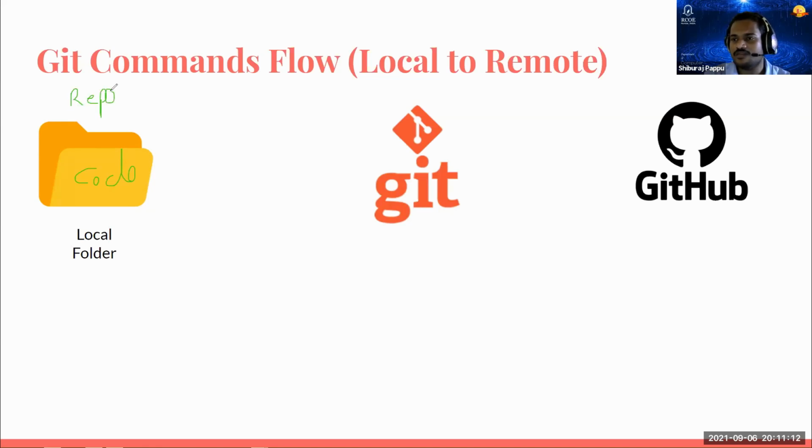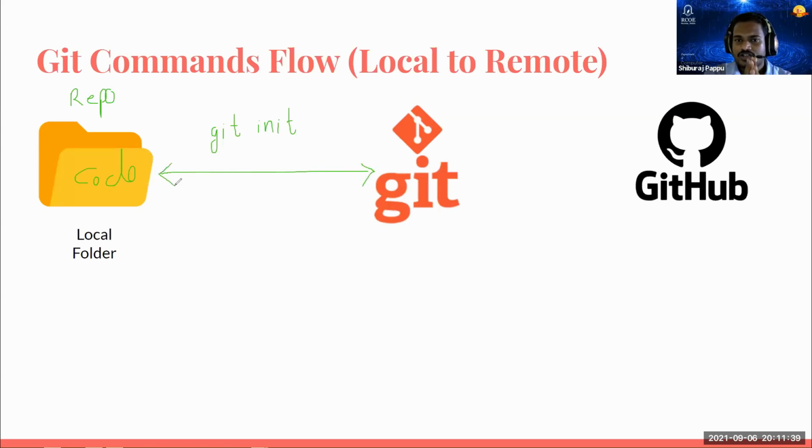Repo is short for repository. To make this a repo, you run a command called git init. The first command is very important: git init. When you run git init, this local folder is now connected with Git.